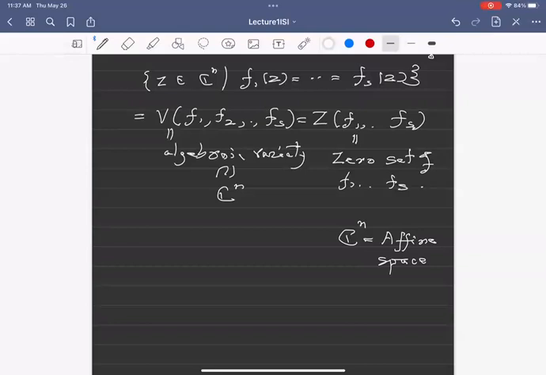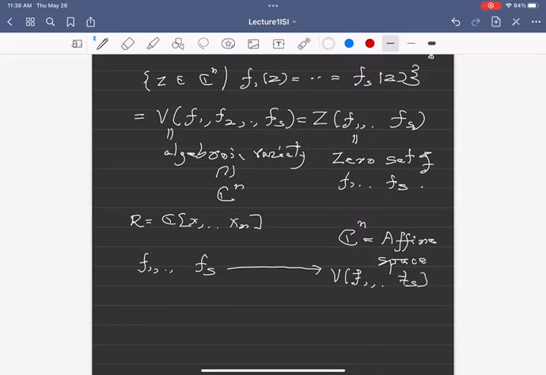Now, on the other hand, I have the ring of polynomials. In the ring of polynomials, I take a bunch of polynomials, f1 up to fs, and to this set of polynomials, I am associating the variety defined by these polynomials, which is simply the set of common zeros.